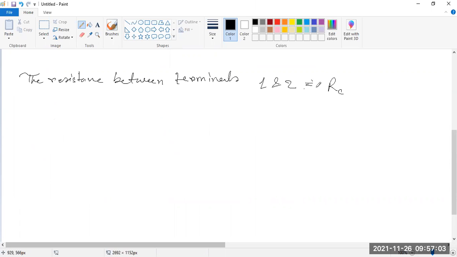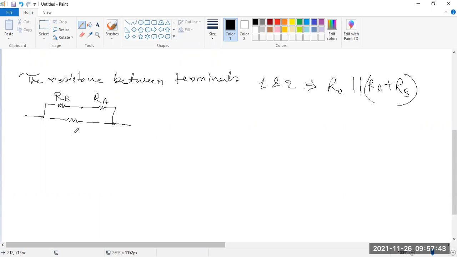This is RC, which is parallel to RA plus RB. If I draw this structure like this, this is RB, this is RA, this is RC.